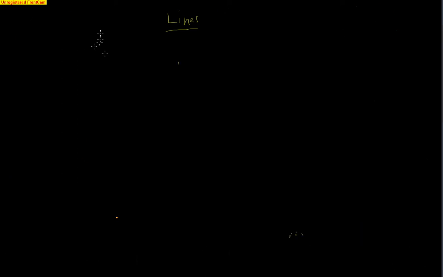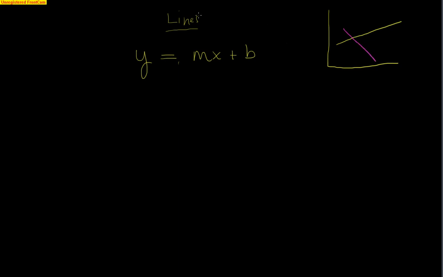The equation of a line is in fact y equals mx plus b, and that's when you have a straight line, really in any direction. You could have a line that goes this way and so on. This would be a slope that is negative, and this is a slope that's kind of steep. This yellow one would be a slope that is positive, and so on.